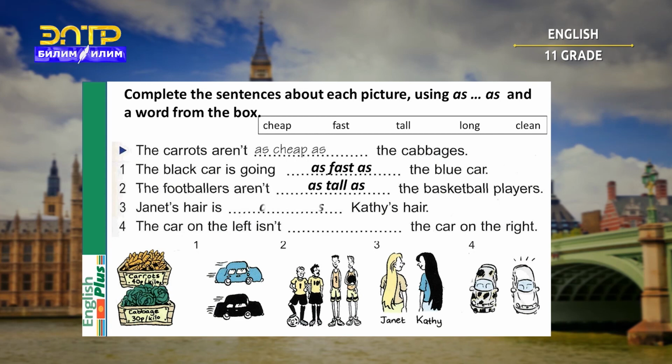Janet's hair is as long as Kathy's hair. Again, we can see this in the picture. Sentence number 4. The car on the left isn't as clean as the car on the right because it is dirty, right? Well done. I'm sure that you have all your answers right.